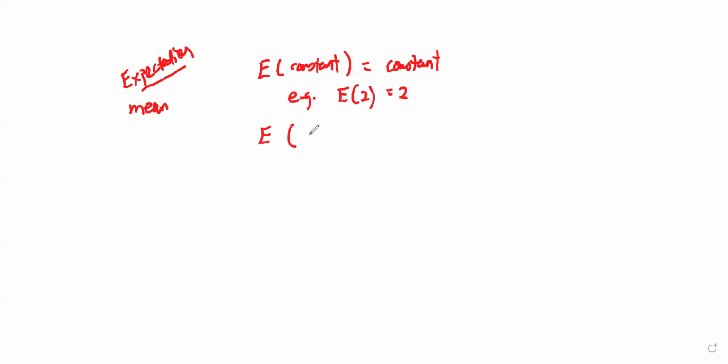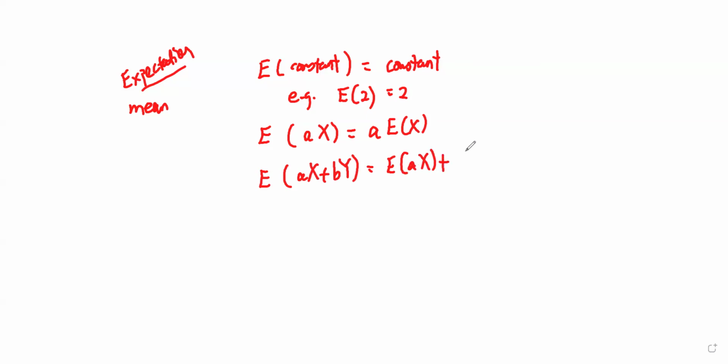Next, the expectation of a constant multiplied by x will be equal to the constant a pulled out, times the expectation of x. The expectation of ax plus by will be equal to the expectation of ax plus the expectation of by, so that will give you a times the expectation of x plus b times the expectation of y.